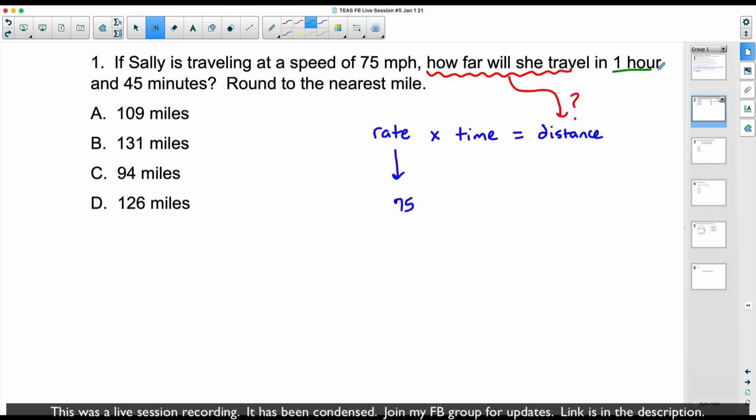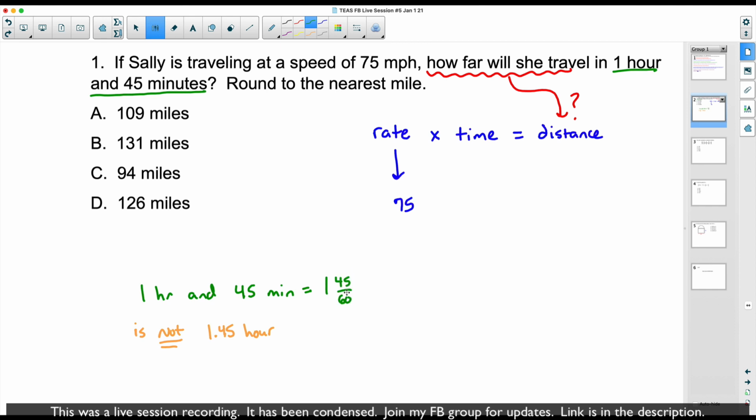This is where you have to be careful. 1 hour and 45 minutes is not 1.45 hours. Nope, nope, nope, and nope. 1 hour and 45 minutes is the same thing as saying 1 whole hour and 45 out of 60 minutes.